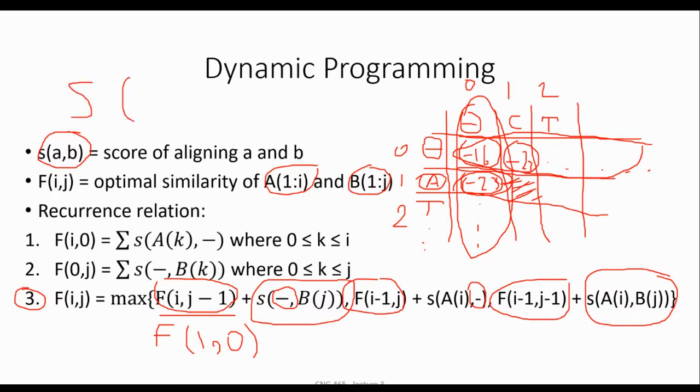It means the score of, for example, matching A with A, or, for example, the score of matching A with T. Something like that. This is A, by the way. I don't know if you can recognize it. So a score of A with A or a score of A with T. And this one sometimes is given to us, and sometimes we should calculate it ourselves, which is very complicated.